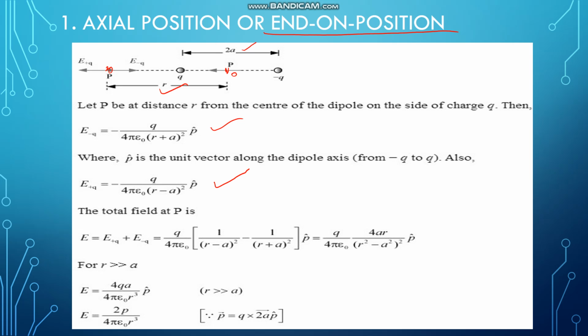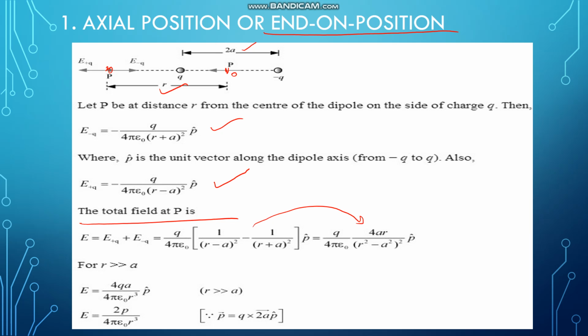Now the total electric field intensity at point P. We have to add: E equals E for plus q plus E for minus q. After putting in the values, we can take the common q by 4 pi epsilon naught. After solving this, we get 4ar by (r square minus a square) whole square.